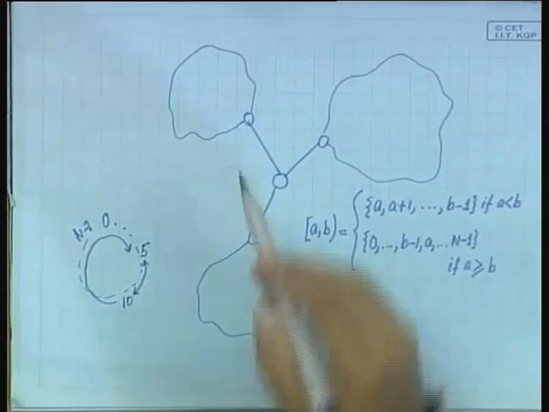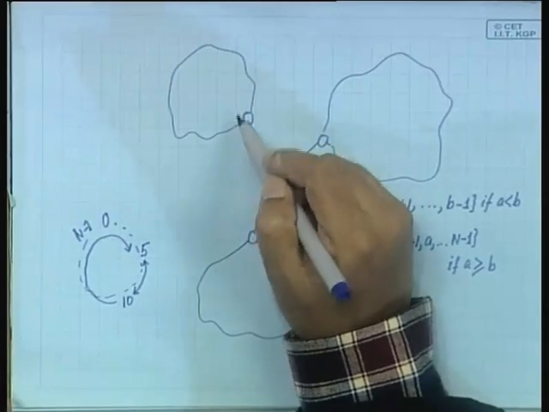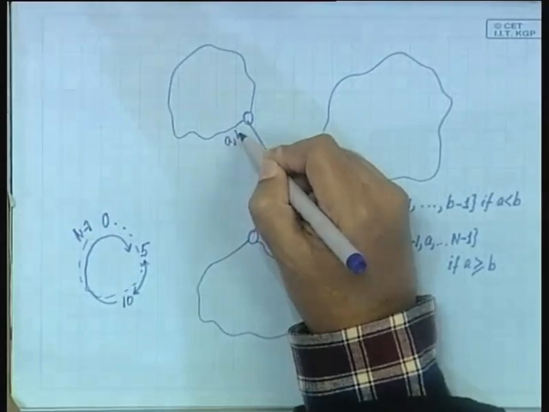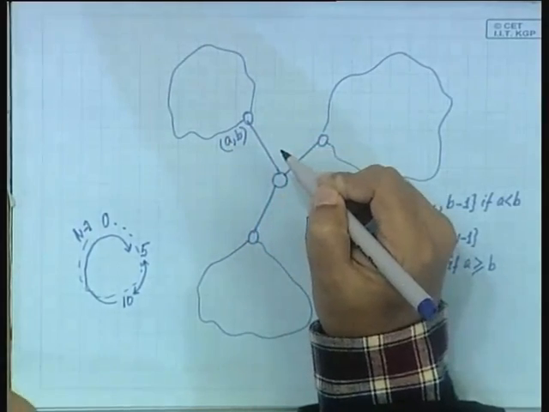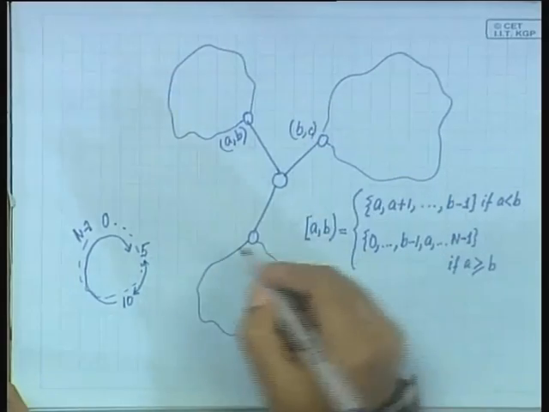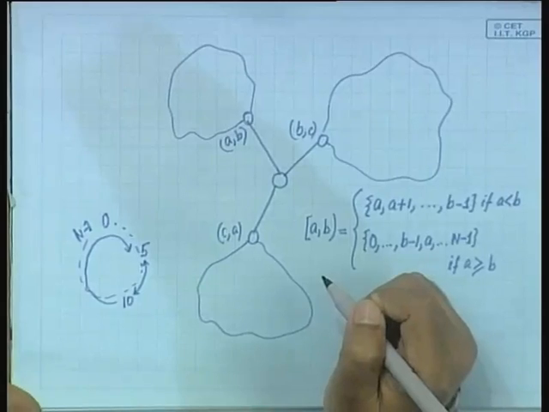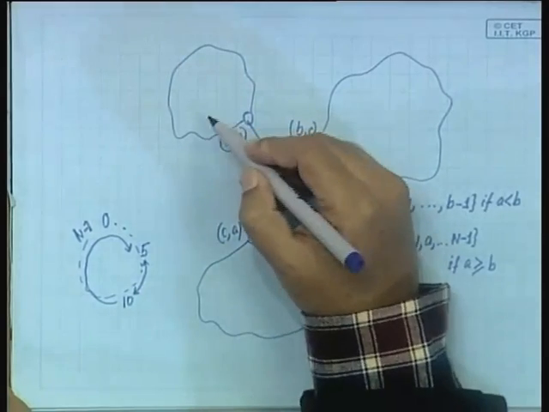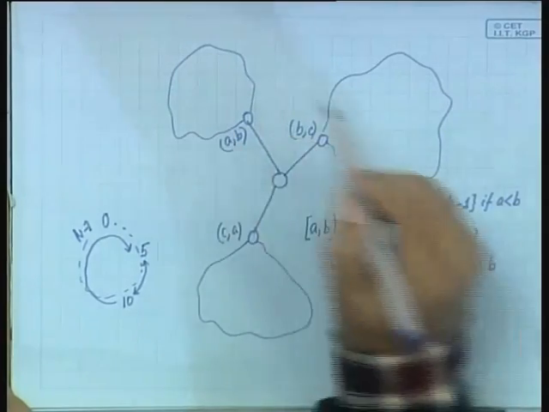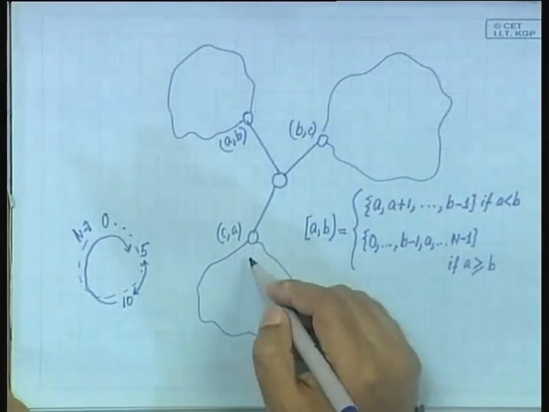Now what that essentially means is that I want that all the nodes in this should be in one interval. So suppose this is between A and B, okay, this is between B and C, and this is between C and A. So all nodes having addresses between A and B will be here, all nodes having addresses between B and C will be here, and all the remaining nodes will be here.